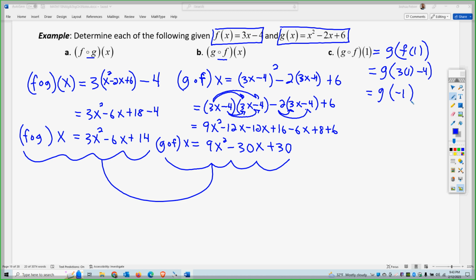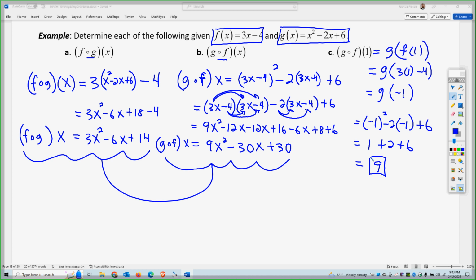If I plug that into the g function, I'll get negative 1 squared minus 2 times negative 1 plus 6, because that's what g is, right? That's going to give me 1 plus 2 plus 6, which is 9. So that's the first way of thinking of it.